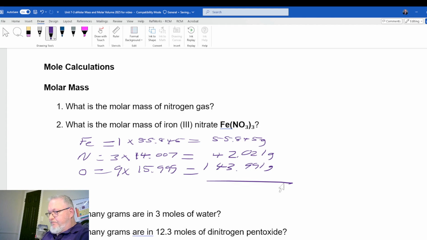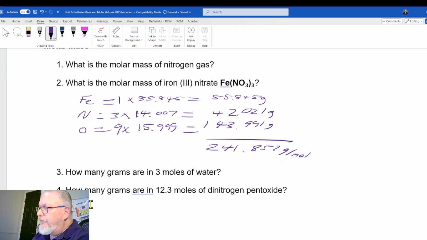That'd be 55.845 plus 42.021 plus 143.991. So I come with a grand total, that should be grams per mole, of 241.857 grams per mole. So that means for every 1 mole, I've got 241.857 grams of iron 3 nitrate.